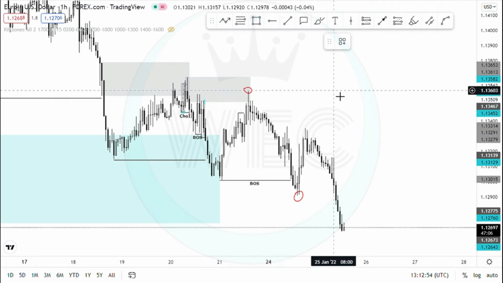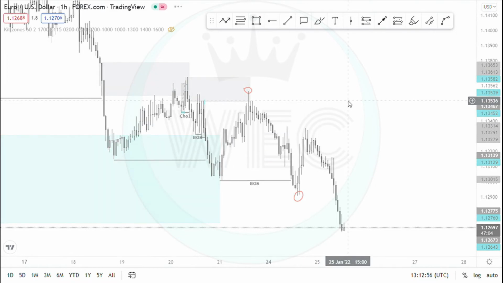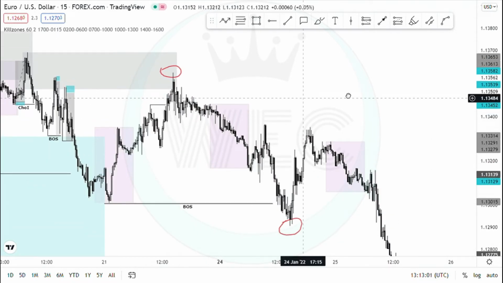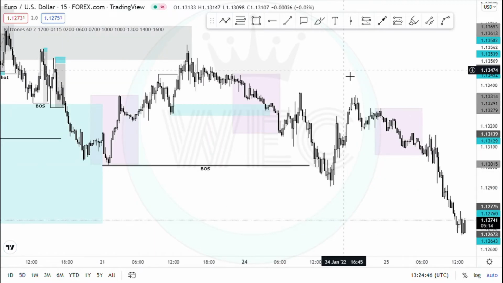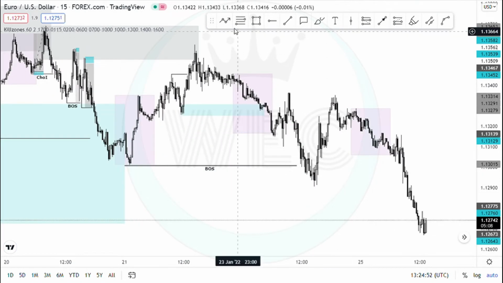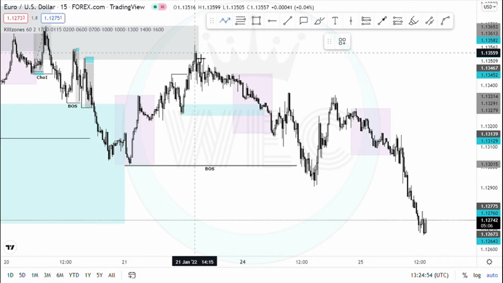So I decided to step into my 15-minute time frame and see what price is doing. Stepping into my 15-minute time frame, what do I see? I see my 15-minute making lower highs and lower lows. If you've been following me on my Telegram channel, I shared this.